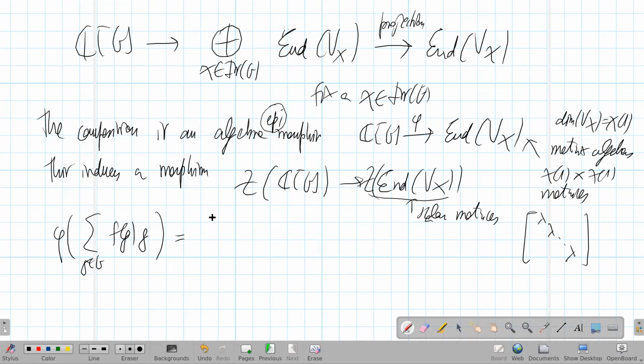It simply applies rho to all elements of G. You recall that an isomorphism of algebras from here to here is given by prescribing the images of the elements of G, which are a basis of the group algebra.